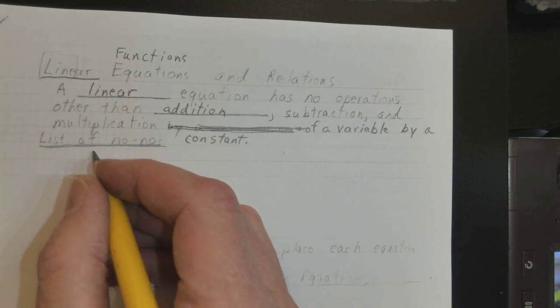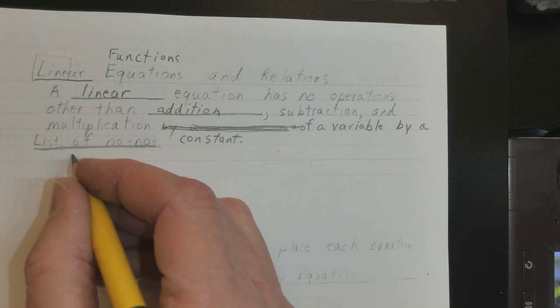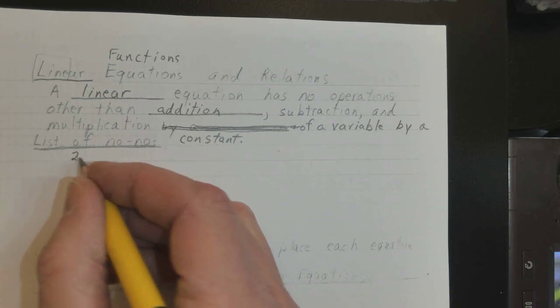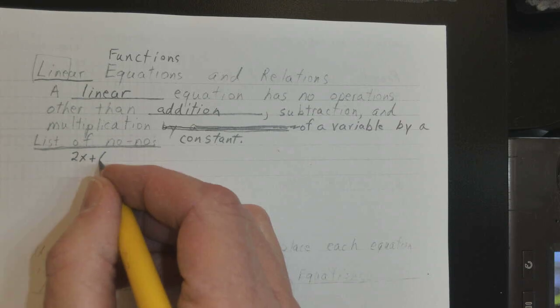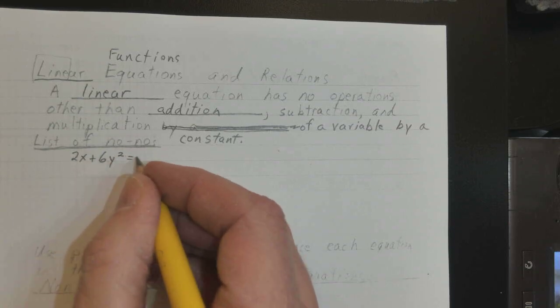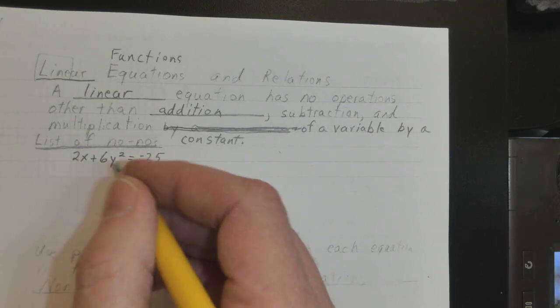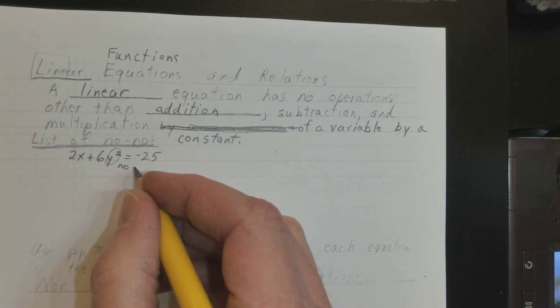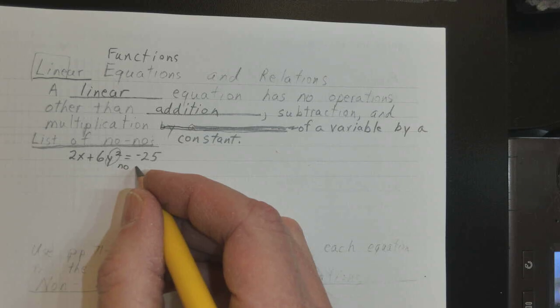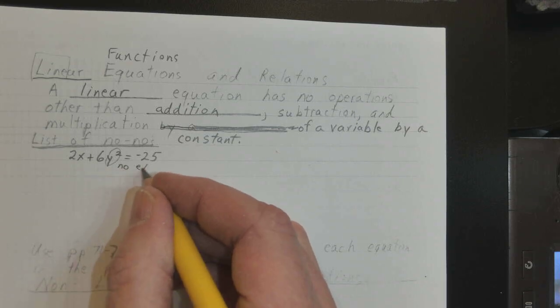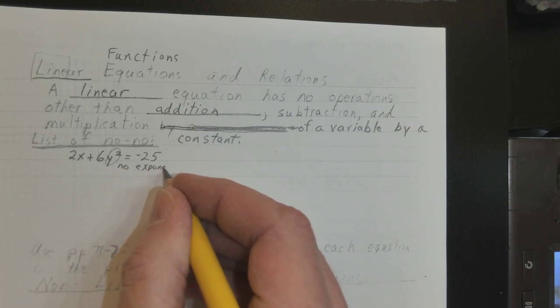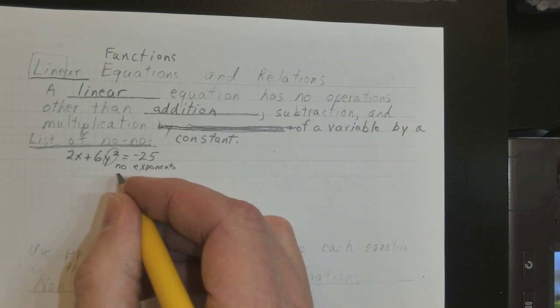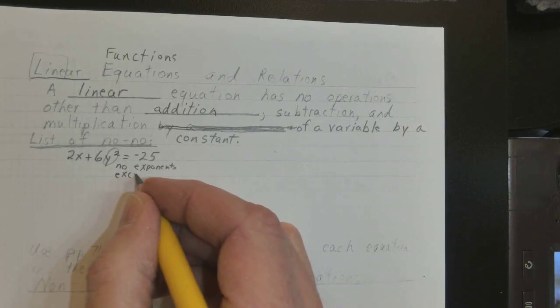Here are some no-nos. Let's take 2x plus 6y squared equals negative 25. Okay? No exponents on your variables except one.